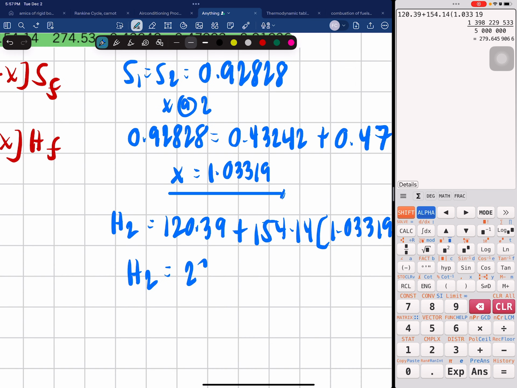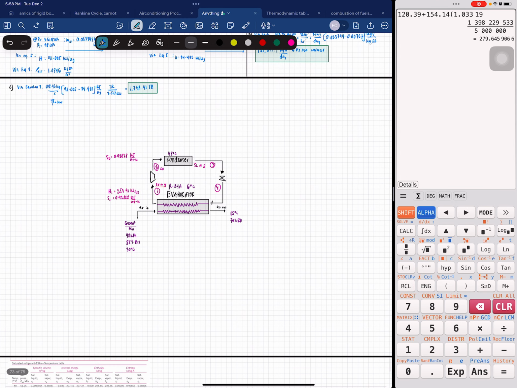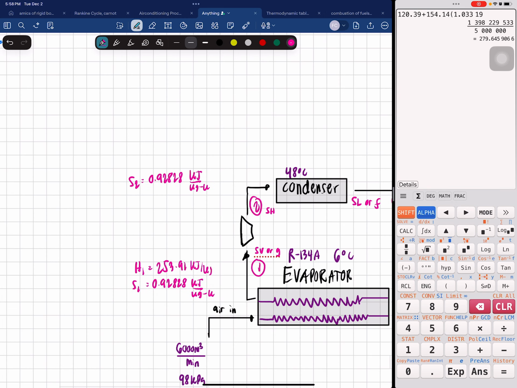H2 is 279.646, I guess, kilojoules per kilogram. Okay, so we now have our value. H2 is 279.646 kilojoules per kilogram.